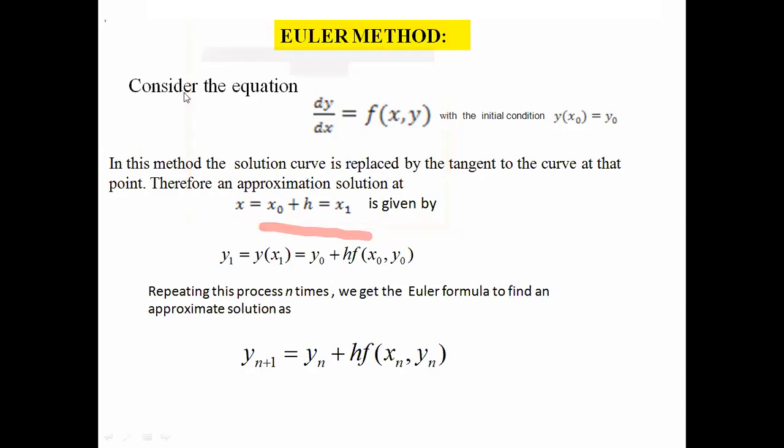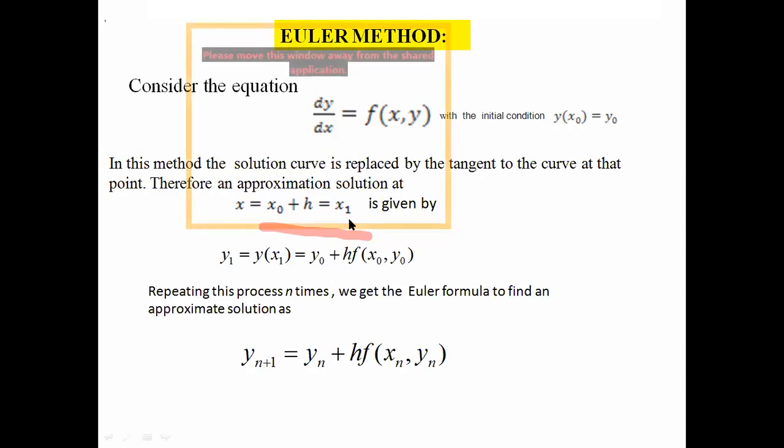So how to get the solution at a point x1? How do we get x1? That is x naught plus h. Add a small number h to x naught. At that point, the solution is denoted by y1. How to get y1? It's very near to this one. So y naught plus the slope of the tangent.